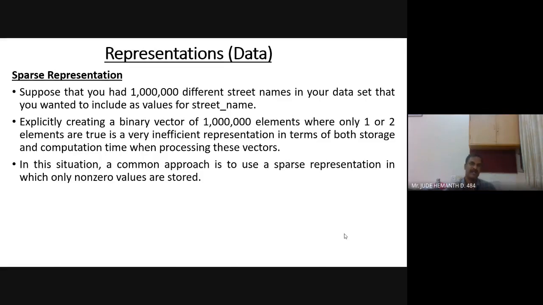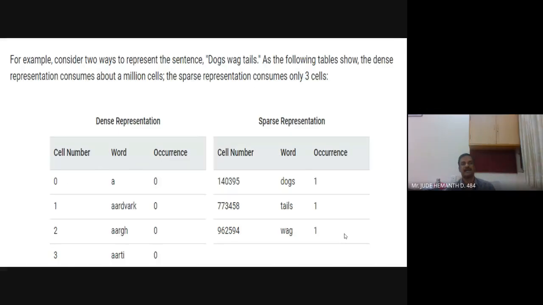You have 1 lakh vector size, and you know that there is going to be only one at a time, which I'm going to call a non-zero value, and I am going to store that non-zero value only. Now you may get confused. It may look like an integer encoding, but I am also going to indicate the position.